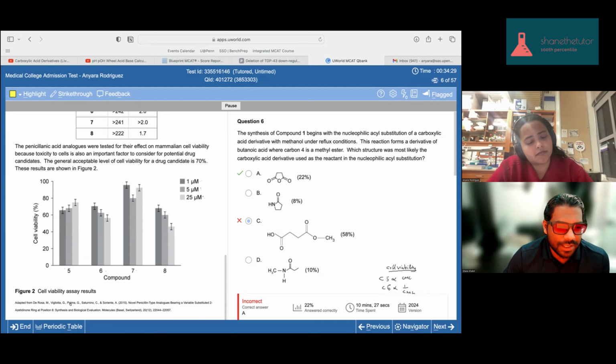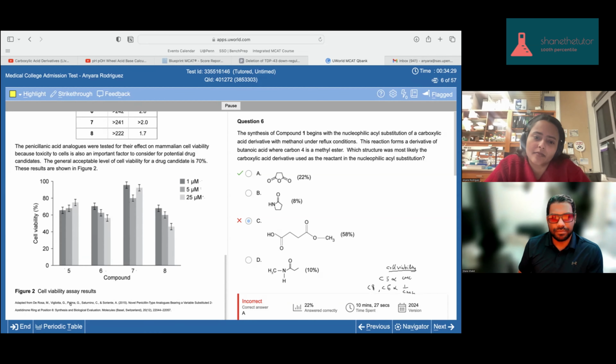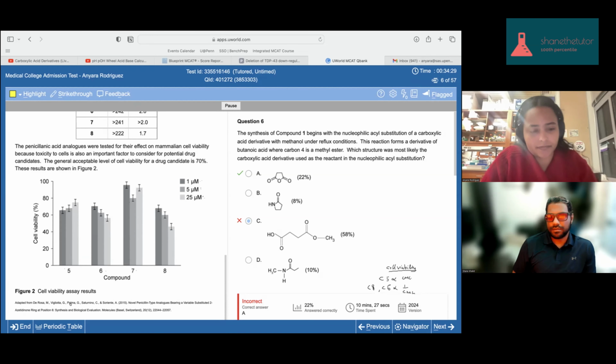And then compound 8 seems to be the same. So I'm going to put compound 8, comma, compound 6, because both of them, as their concentrations go up, the cell viability goes down. So, okay, that's pretty much what I'll do. And yeah, any questions with that?